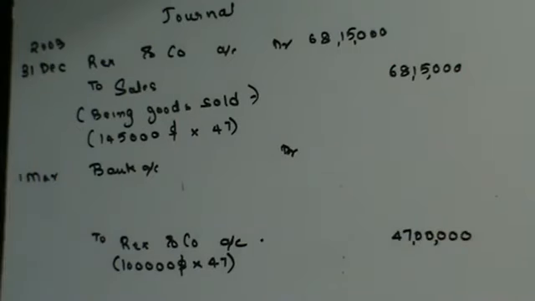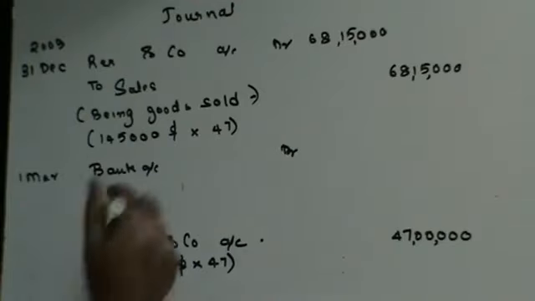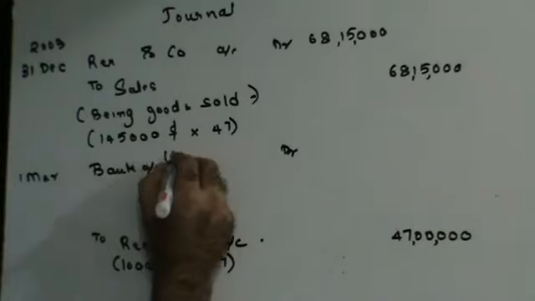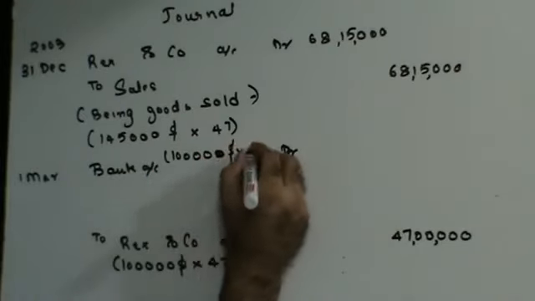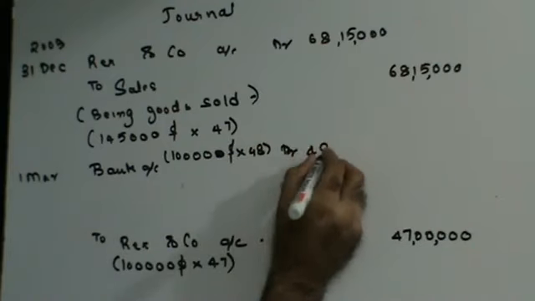Do we get this clear? Now on the date of remittance, the dollar rate was 48, so that is $1 lakh into 48, which gives you 48 lakhs.